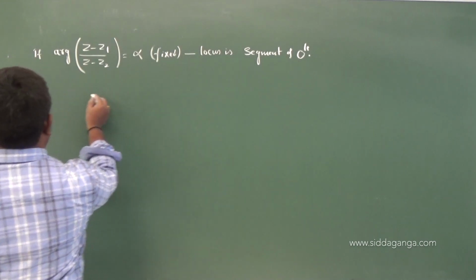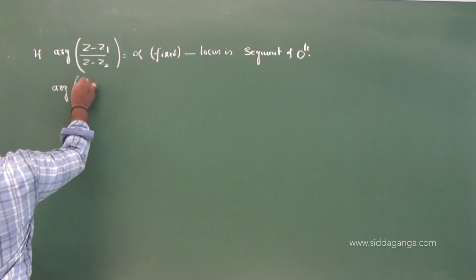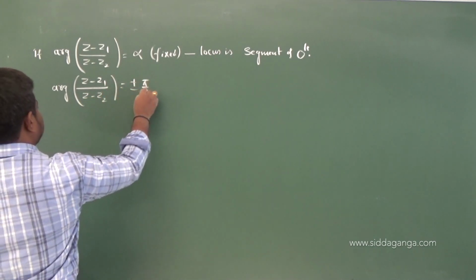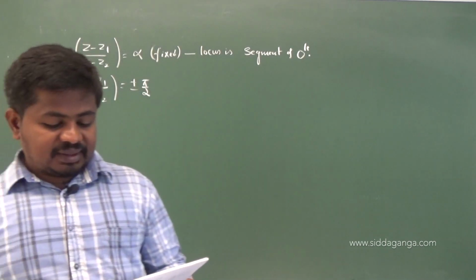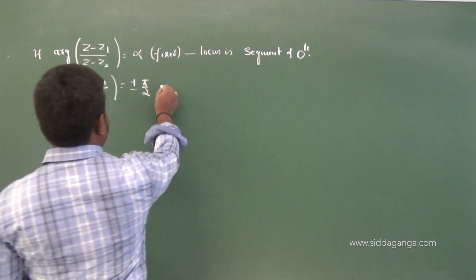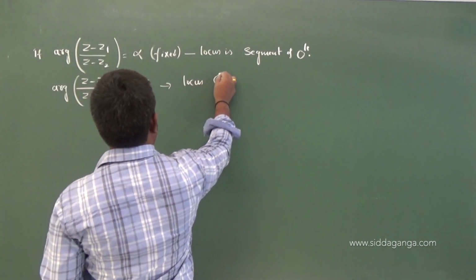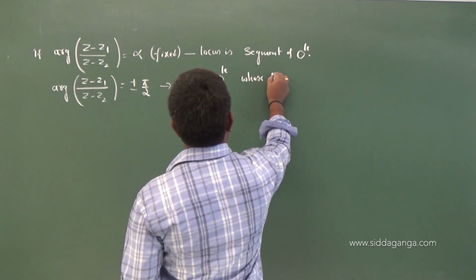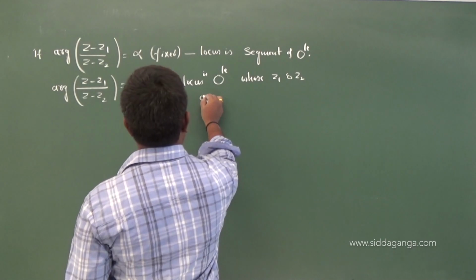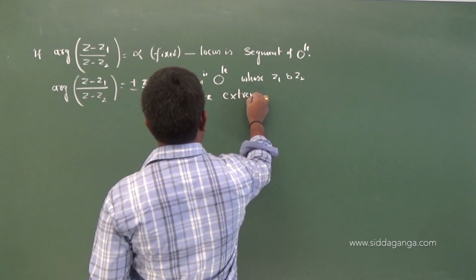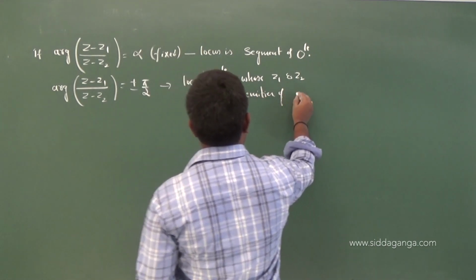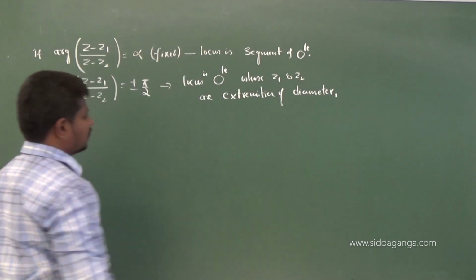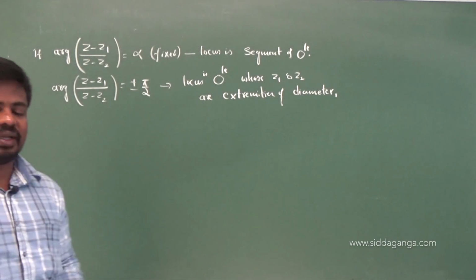Next, if the argument of (z minus z1) by (z minus z2) is plus or minus pi by 2, then the locus is the circle whose diameter has z1 and z2 as its extremities, the end points of the diameter.